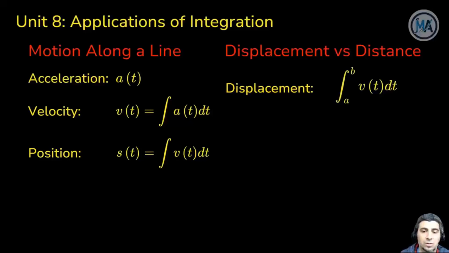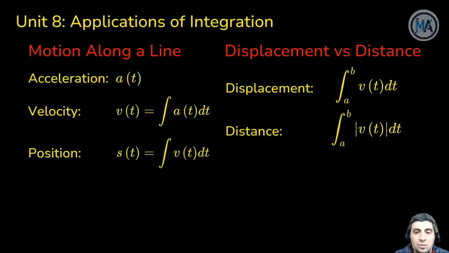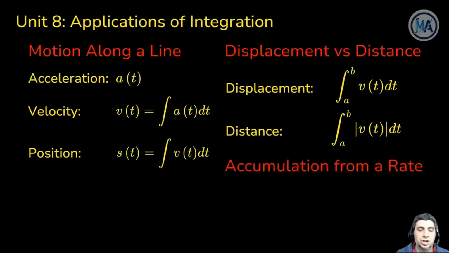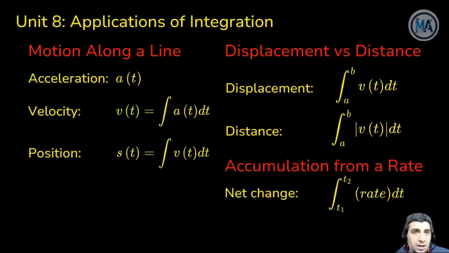Displacement is the integral of velocity over the interval given, and total distance traveled is the integral of the absolute value of the velocity function over that interval. Oftentimes, distance problems, if you need to compute the answer, will be a Desmos permitted type of question. And in general, you need to understand that the definite integral of whatever the rate function is over the interval is going to give you the net change.